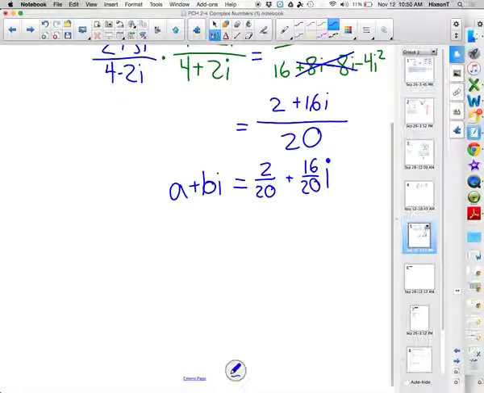So my final answer would be 1/10 plus 4/5 i. Take a look, let it sink in for a sec. Make sure you understand what's going on there.